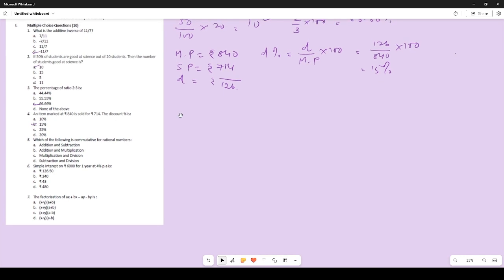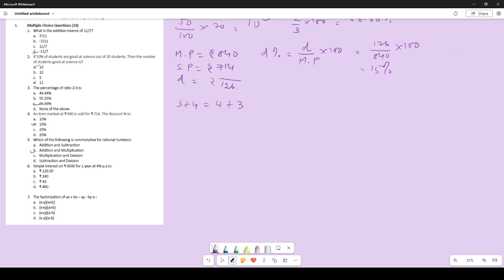Now let us move on to the next question. Which of the following is commutative for rational numbers? The answer is addition and multiplication, because you see 3 plus 4 is the same as 4 plus 3.